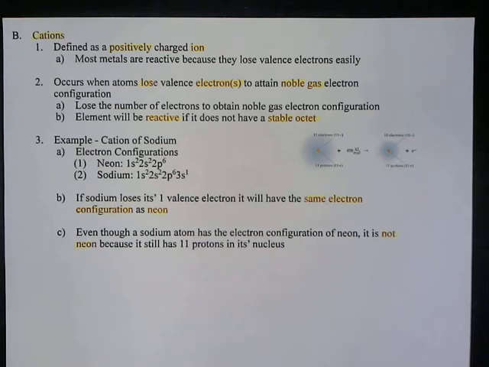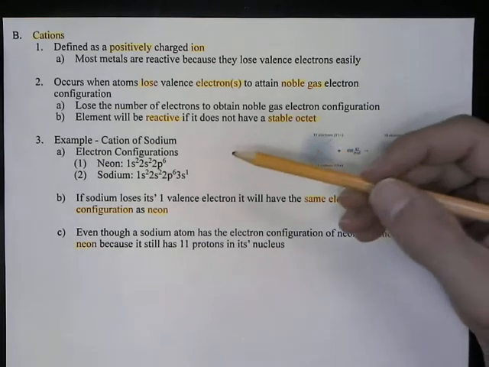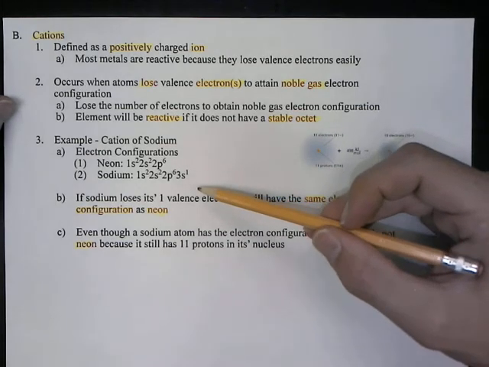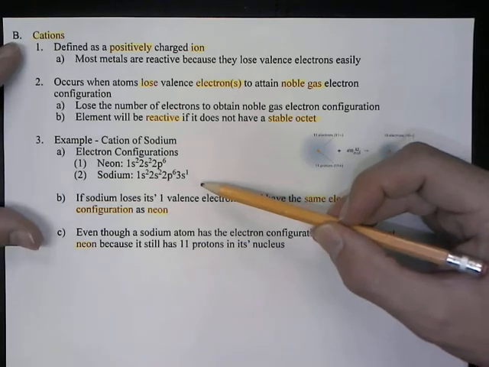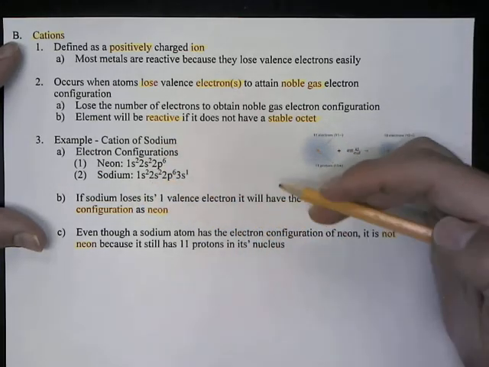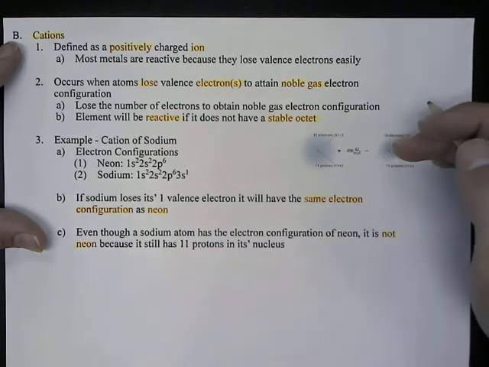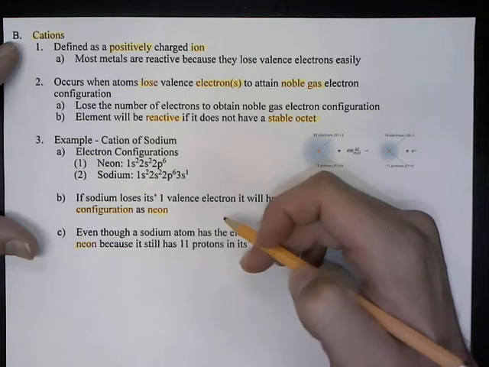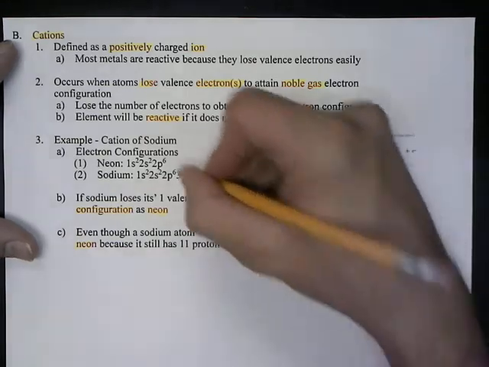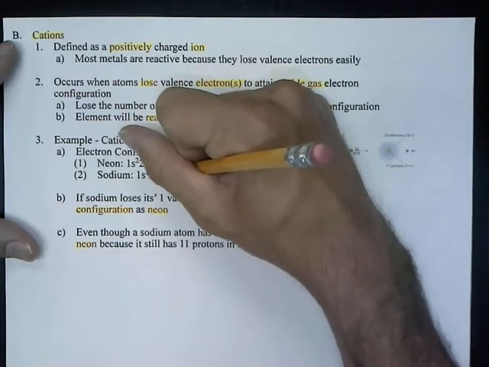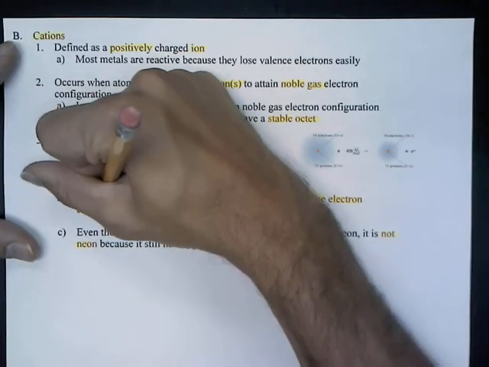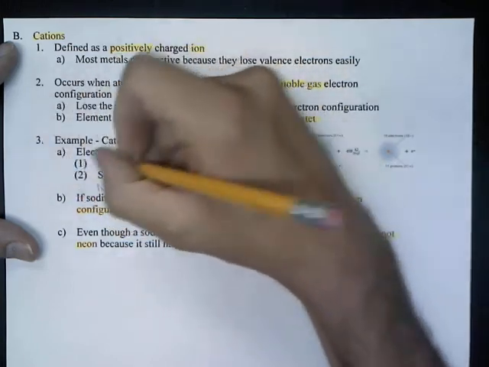Now we have an example with the cation of sodium, with neon and sodium. The sodium ion will be like the closest noble gas. In the electron configuration of the positive 1 sodium cation, we lose that outer valence electron, and I'm going to write the symbol Na plus.